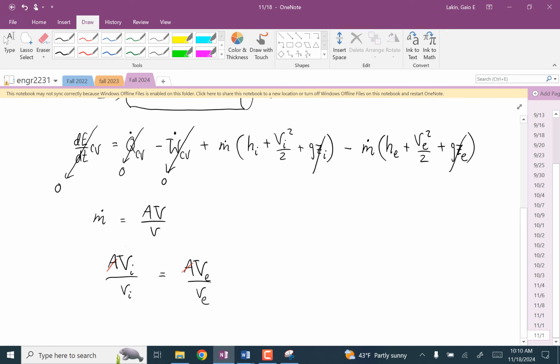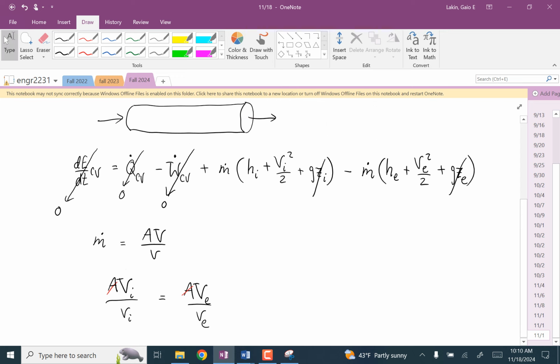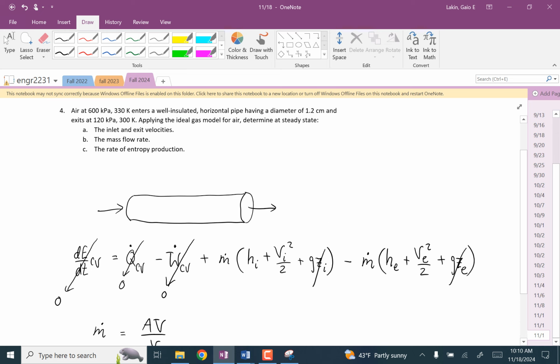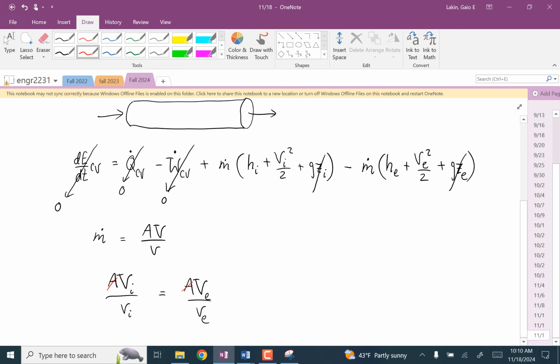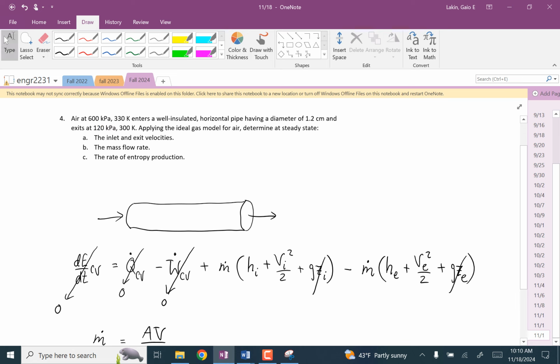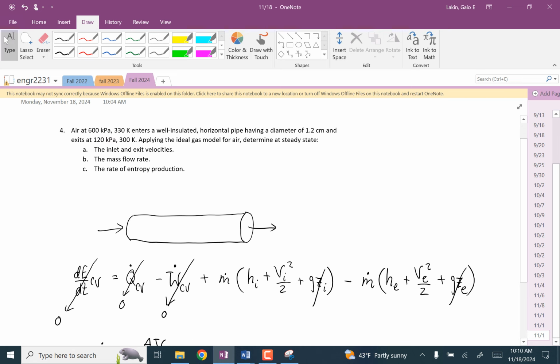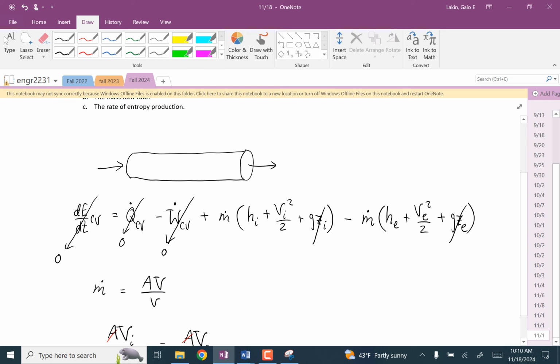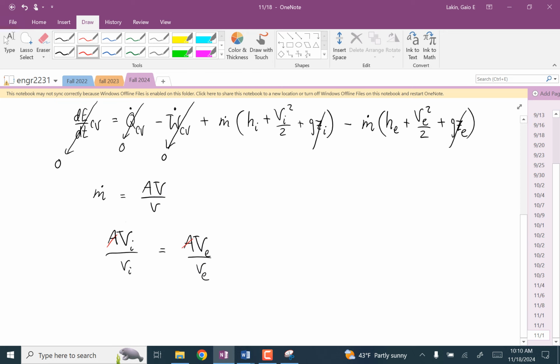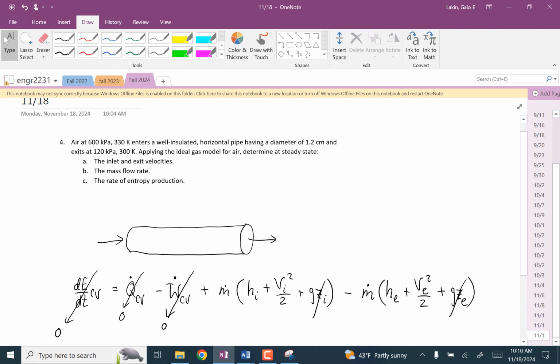These go away. So we can come up with ratios of these velocities depending on the specific volumes. Then you can set up another equation. I think that's where I use the ideal gas law. Yeah, so you can definitely use the ideal gas law to calculate those specific volumes.